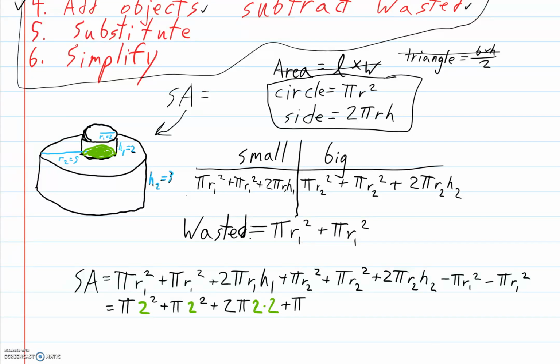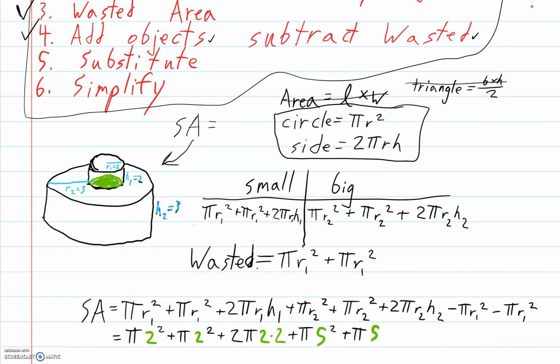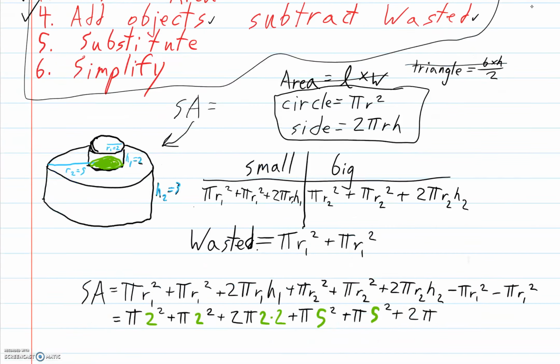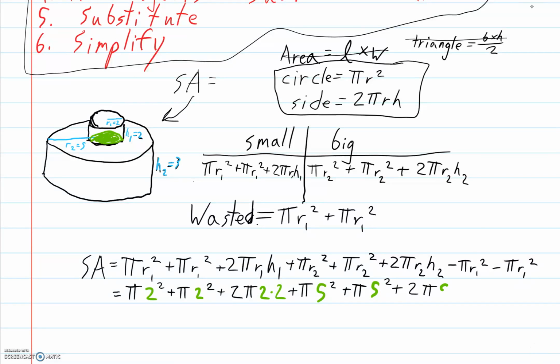So we need to write down 5 squared plus pi, same thing, 5 squared plus 2 pi 5, oh, h2, and what's the number? 3, minus pi, see how long this takes sometimes, 2 squared minus pi 2 squared.